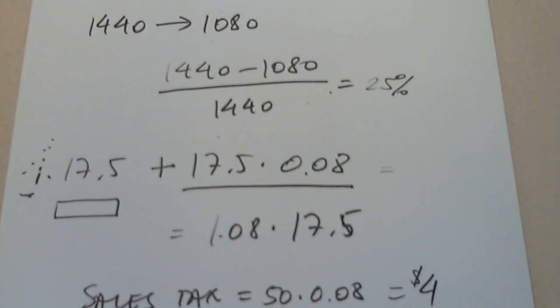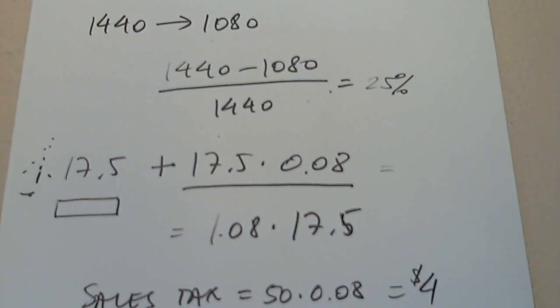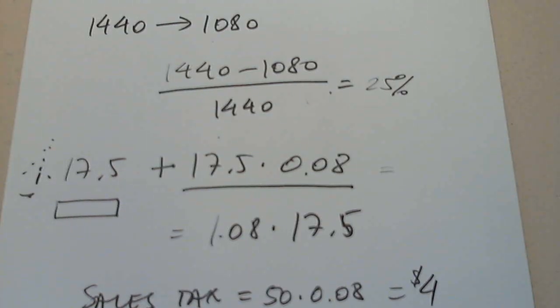So we ended up paying $86.32. But they're not asking us how much we end up paying. They want us to determine the percent rate. What is the sales tax rate?